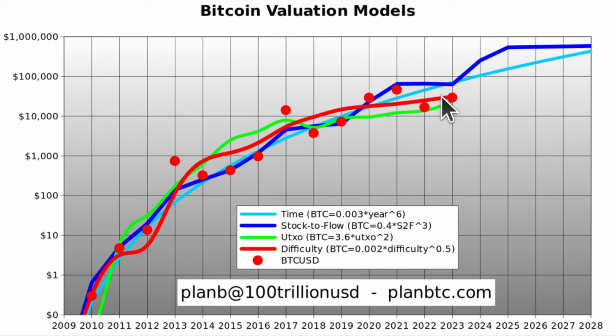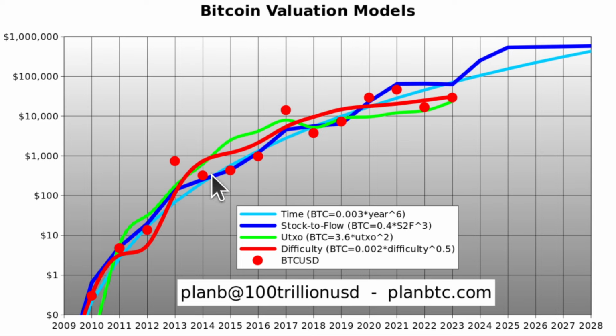And well, for me, how I use them is you can see at every point in time, let's take this point, 2017, you can see if Bitcoin is overvalued compared to the four valuation models, or if it's undervalued, like in 2018. So Bitcoin moves from the upper bound of all the models to the lower bounds, to the upper bounds, to the lower bounds, and this is sort of this movement.